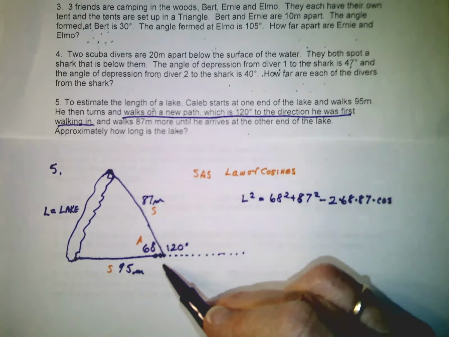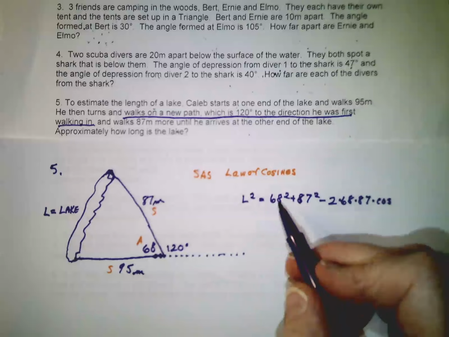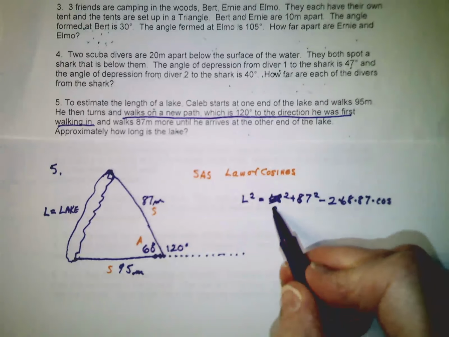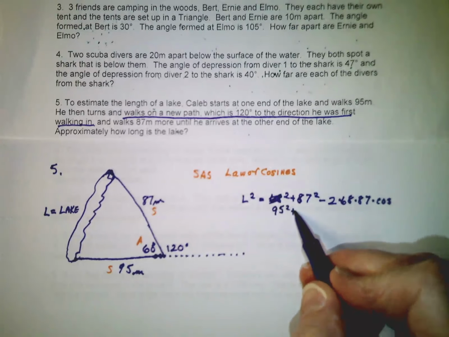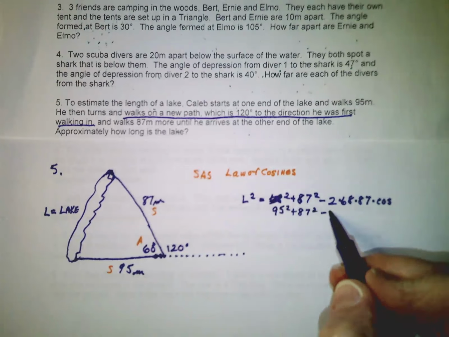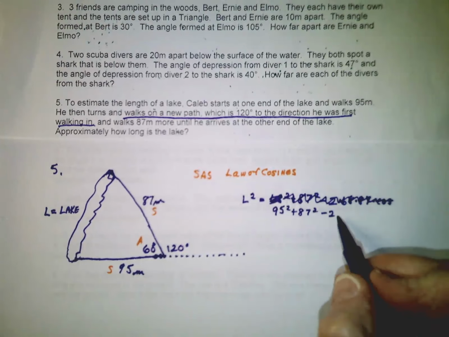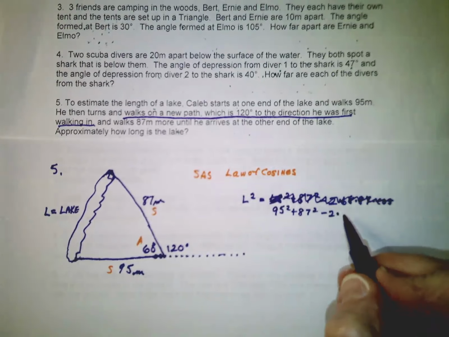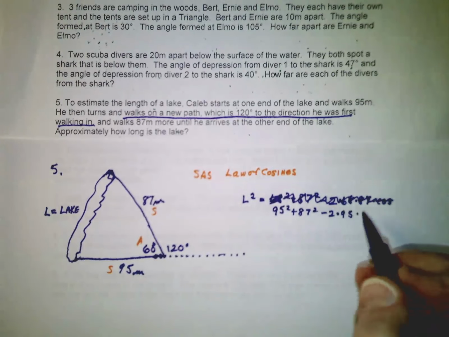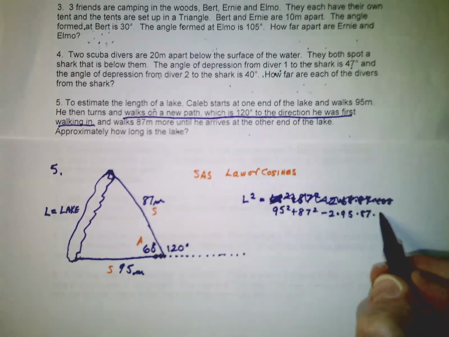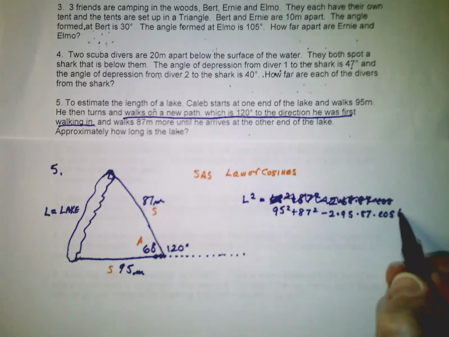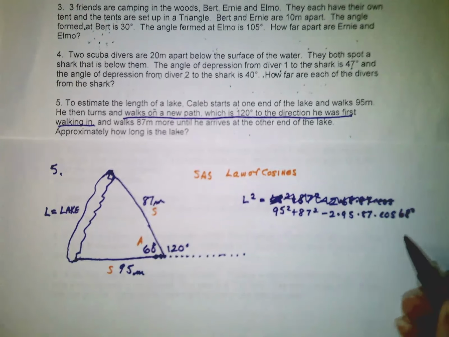Of, I wrote that all wrong, didn't I? Shooey, 95 squared plus 87 squared minus 2, just forget all of this. So sorry. Really. Times 95 times 87 times the cosine of 68 degrees.